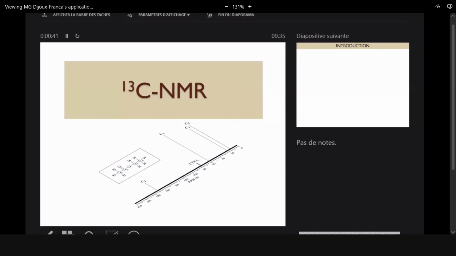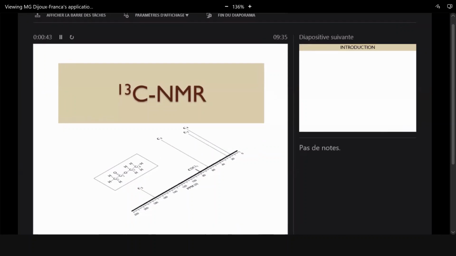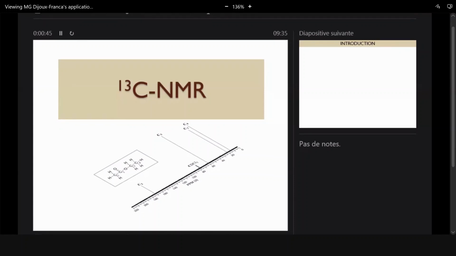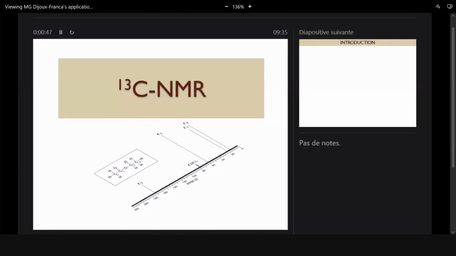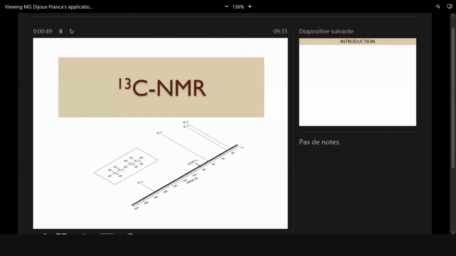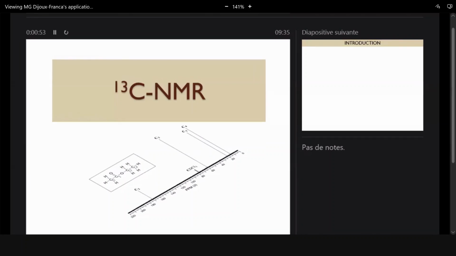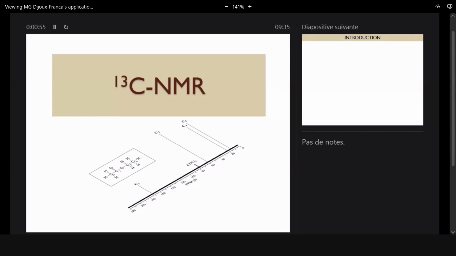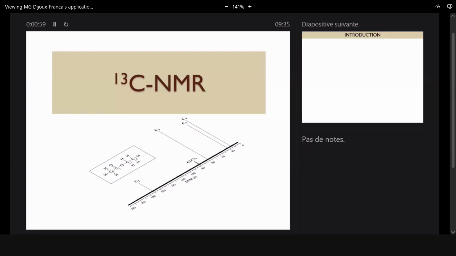And the carbon-13 behaves like a small magnet, just like the proton. And in the magnetic field, they will interact with protons in the molecule. And we'll see that we will not be able to see the coupling between carbons, and we'll see why.